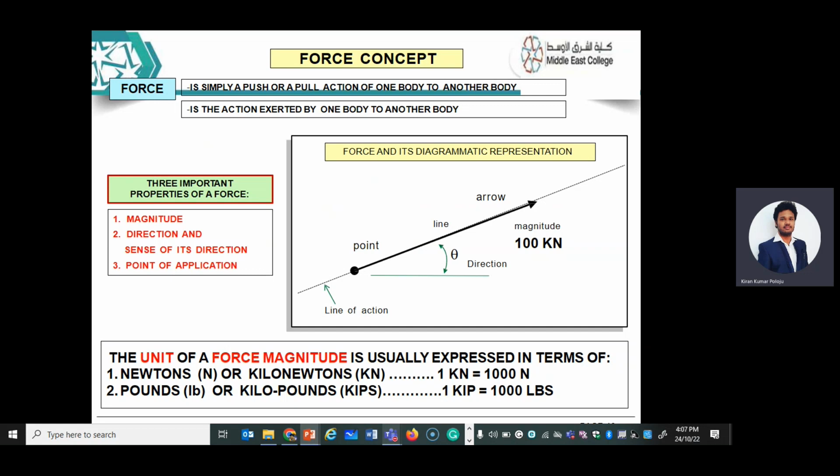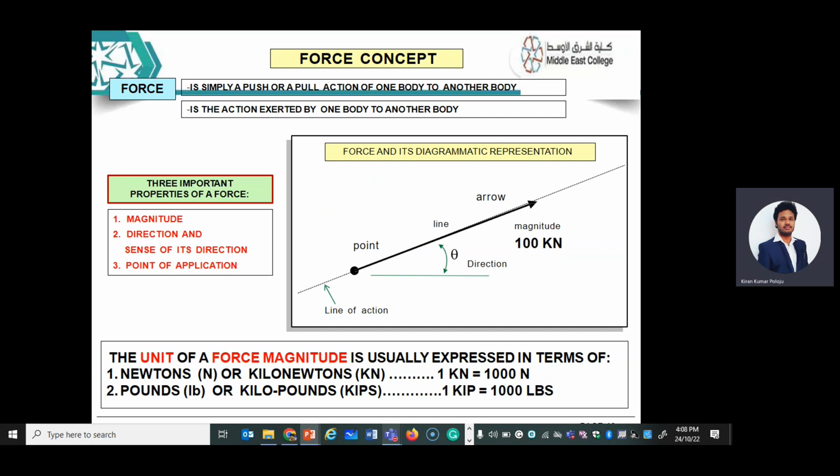So as I have told you, there are three properties of force: magnitude, direction, and point of application. Magnitude, this is the magnitude. And direction, which direction it is going: downward, right side, left side, and upward. So there are four directions. Obviously, force can go in four directions.